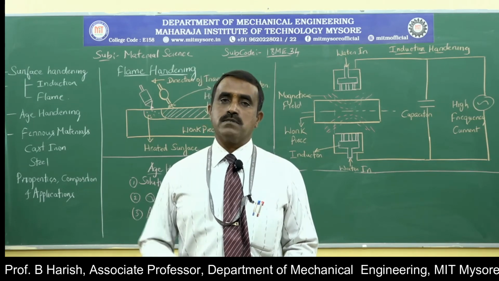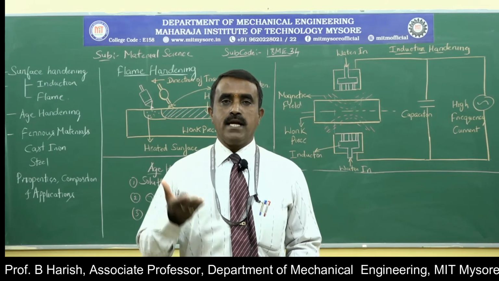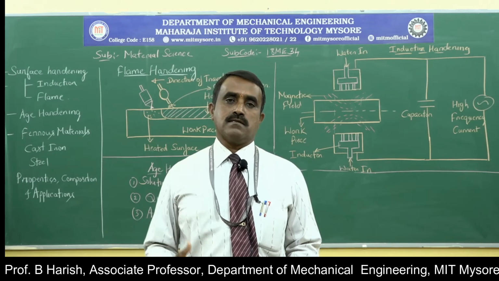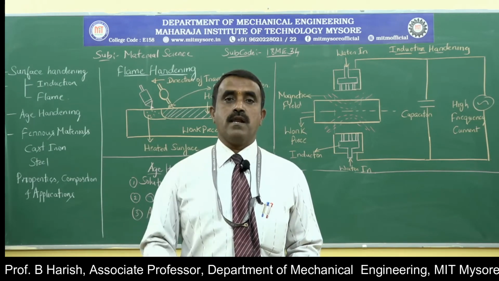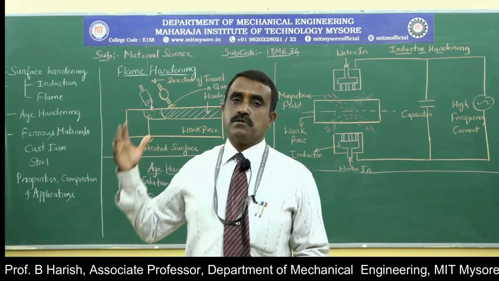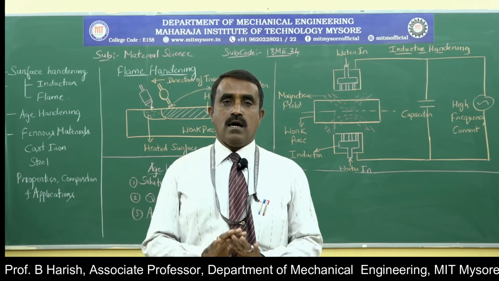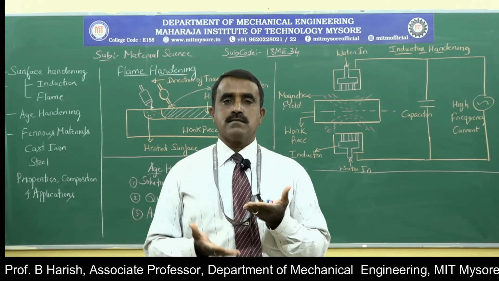So, heating to a certain temperature and then suddenly cooling it increases its hardness. Based on this principle, surface hardening is done. Here, no chemical reaction takes place, only heating and sudden cooling.